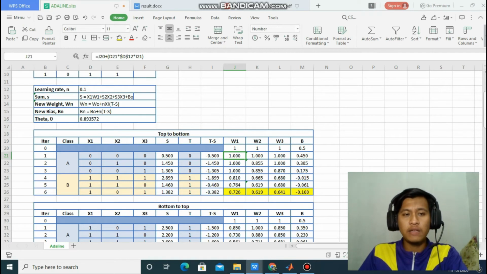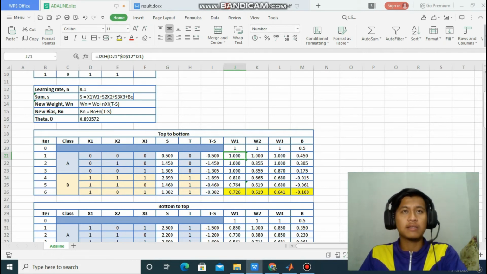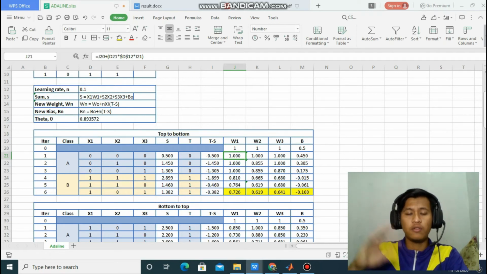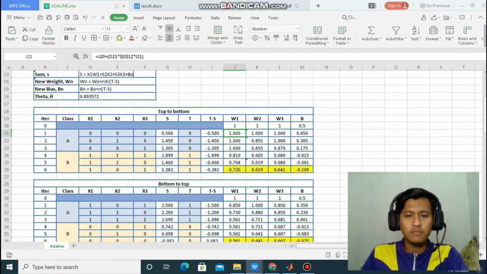For the bias, the formula used is B new equals B old plus N times theta minus sum. Then we'll get the value for this bias, and for the others we'll use the same formula for each row until we get the final answer.